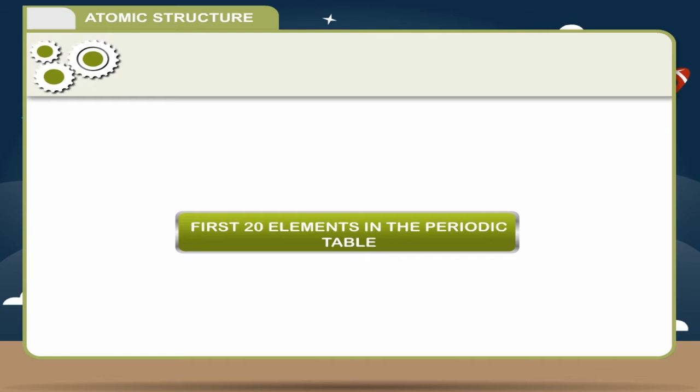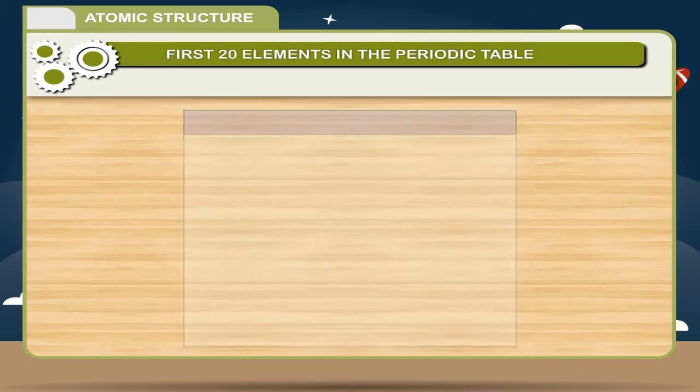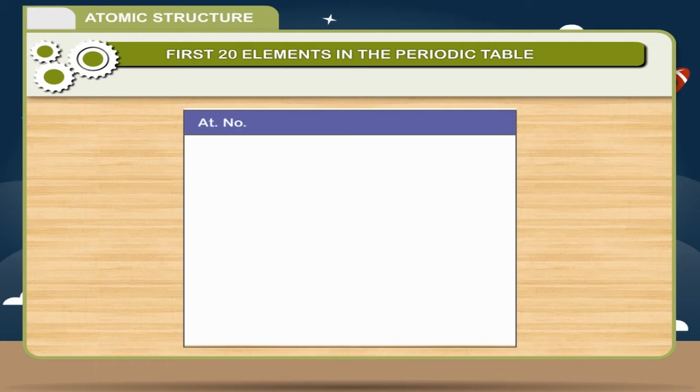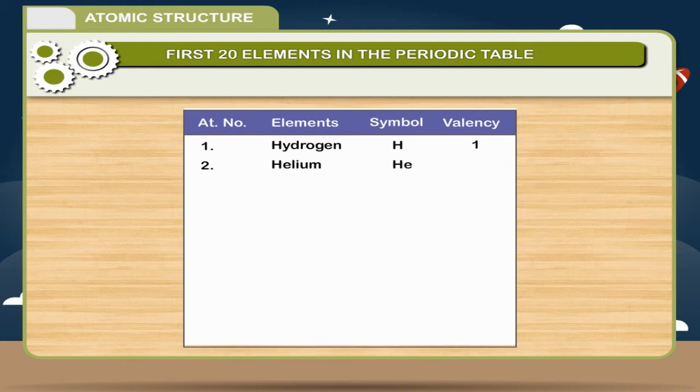First 20 elements in the periodic table. Atomic number, elements, symbol, valency. 1. Hydrogen, H, 1. 2. Helium, He, 0. 3. Lithium, Li, 1. 4. Beryllium, Be, 2. 5.